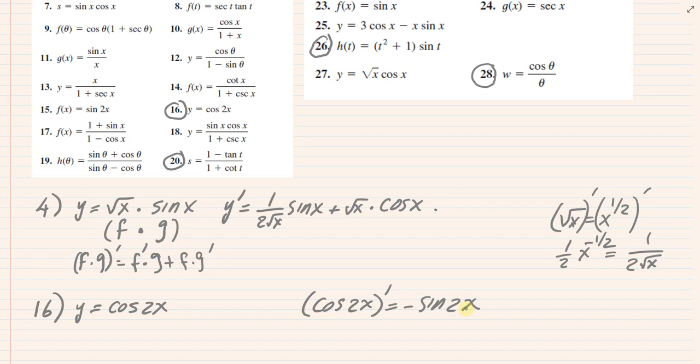The reason this isn't just negative sine 2x is because this is a composite function, what we're looking at. What makes it composite is that the argument of cosine is not just x, but it's 2x. So the argument of cosine itself is like a function of x.